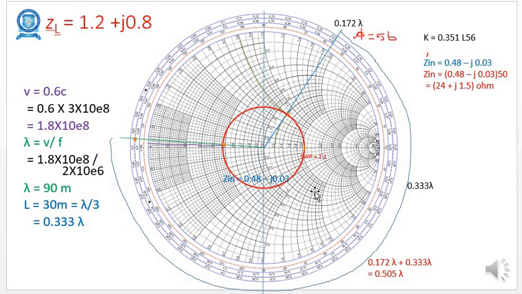Okay, so the input impedance is given like this. The SWR is the value on the right hand side where the circle crosses the horizontal line. That is the standing wave ratio of the given problem. So the total length traveled to reach this input impedance is 0.172 lambda plus 0.33 lambda, that is 0.505 lambda.